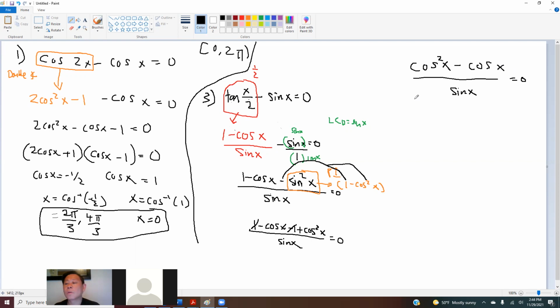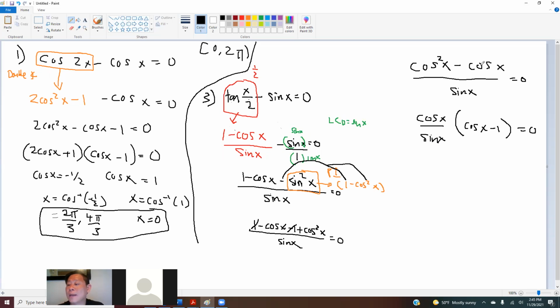So we will factor the cosine x out because they have a cosine x term. So I will take cosine x over sine x out because sine is in the denominator. So what I have left here is cosine x minus 1 equals 0.